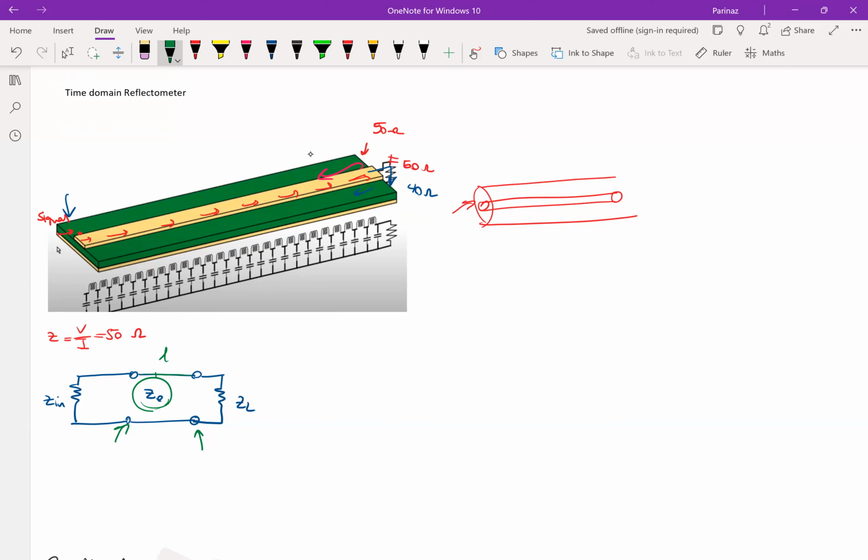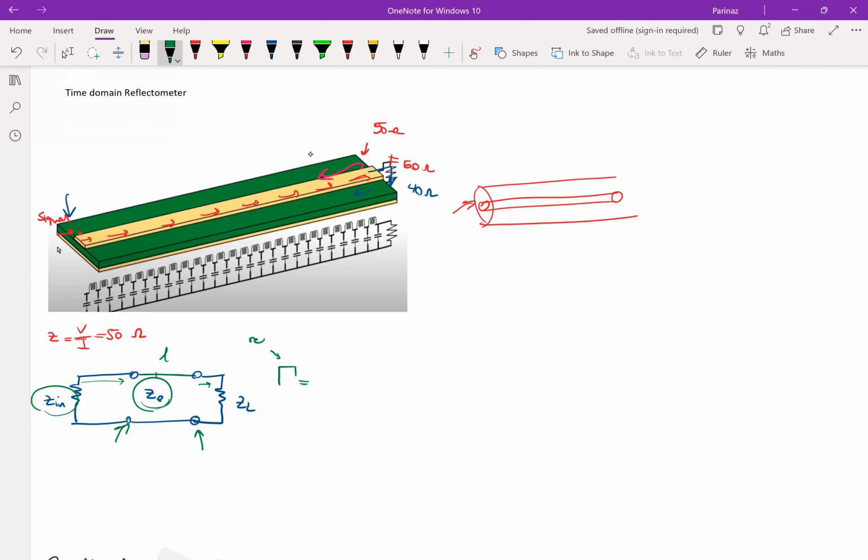So the two places that the reflection can happen is either when the signal is launched to the transmission line or when it reaches the end of it. How much does it get reflected back, right? That depends on how different it is.